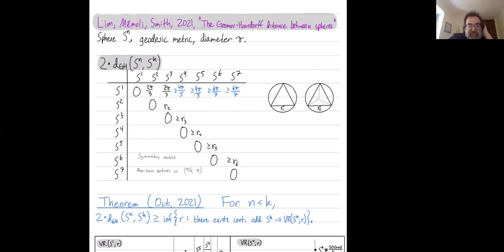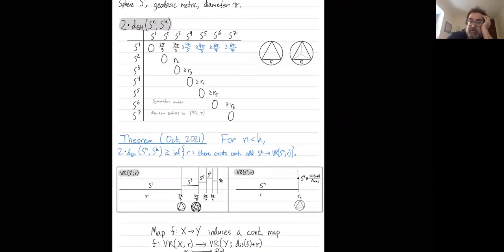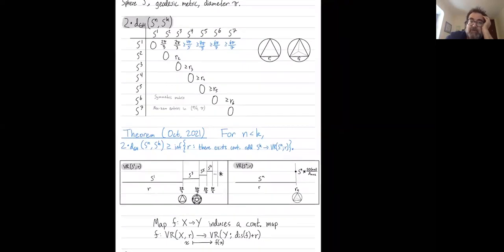Is it possible to conjecture that if two spaces have Gromov-Hausdorff distance, say D, then their Vietoris-Rips complexes beyond D are the same, or that when they are close for the Gromov-Hausdorff distance, their Vietoris-Rips complexes should be somehow close?